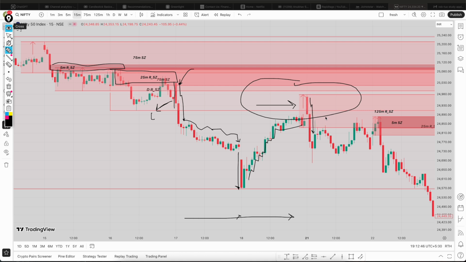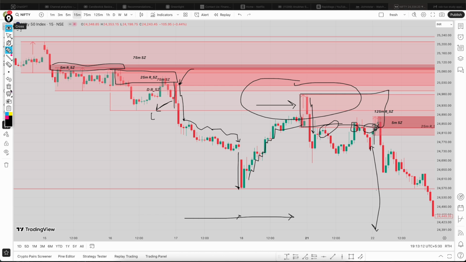You can see I have marked one more zone which has been created here. Whenever it entered back this particular zone, over here, over here, and over here. This was the day of the 22nd, which ends here in this candle. The next day the market opened down, it went up.